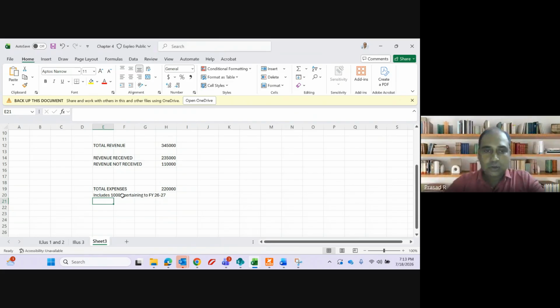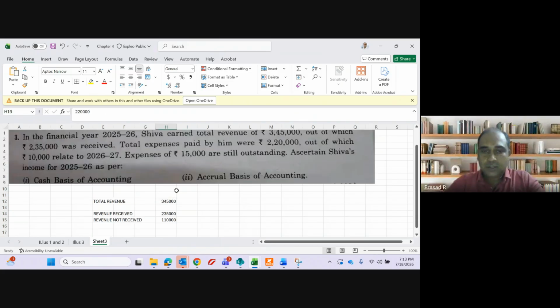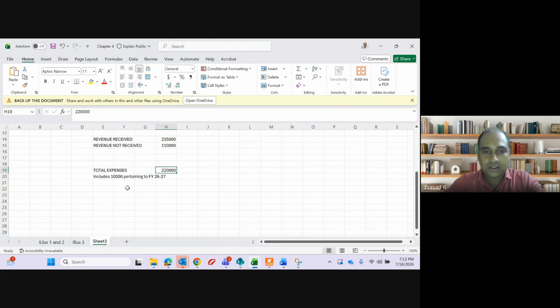Okay. So my total expense is 2,20,000, out of which 10,000 relates to 26-27. So expenses paid related to financial year 25-26 will be how much, guys? 2,20,000 minus 10,000. These are all paid.